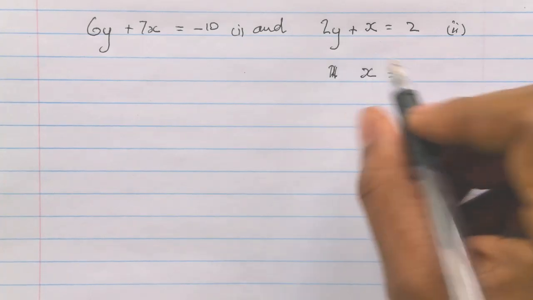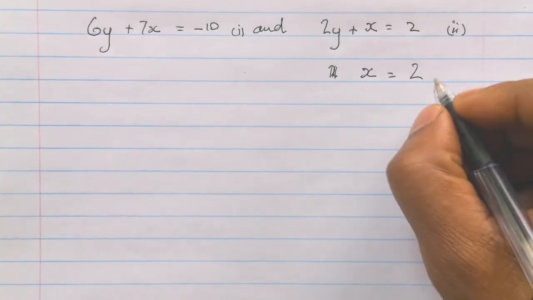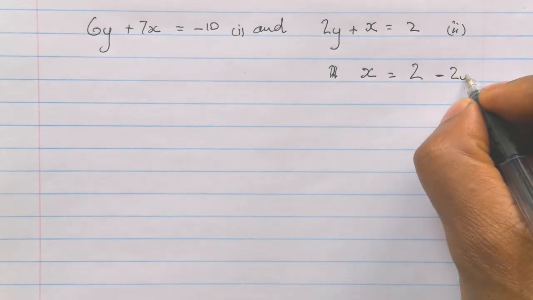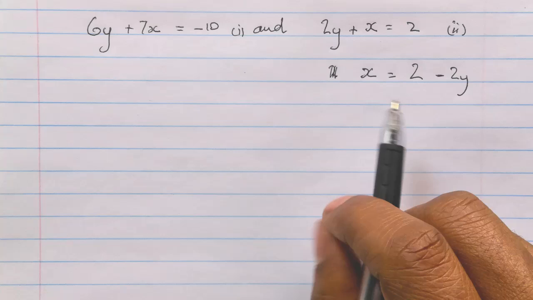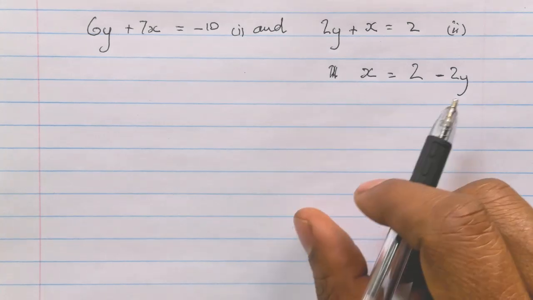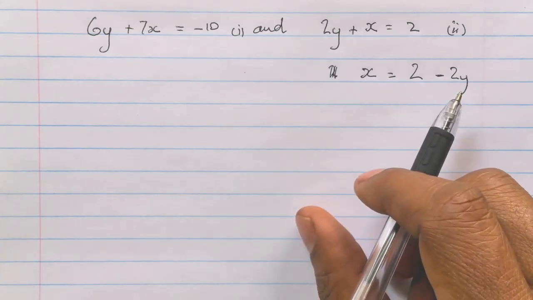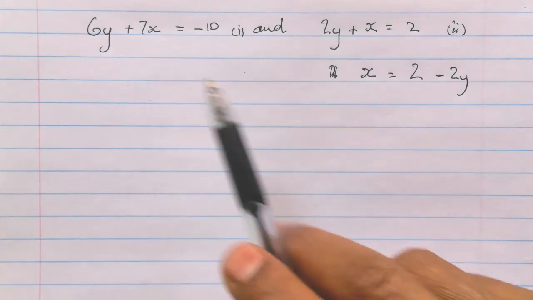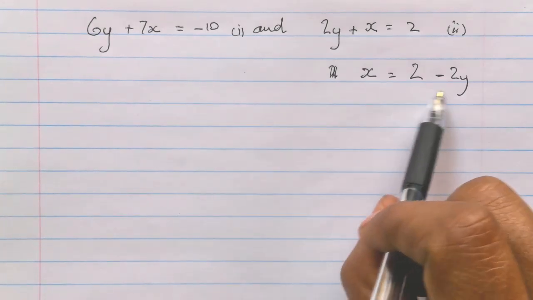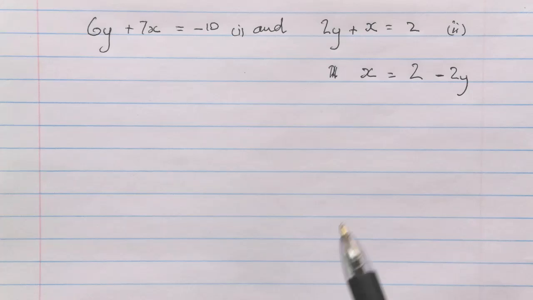So I am going to restate that so that the 2y becomes isolated. Now I have expressed this one in terms of this one. So wherever I see this one in the other one, I am going to replace it by this constituent.